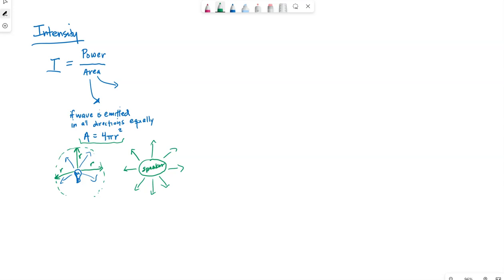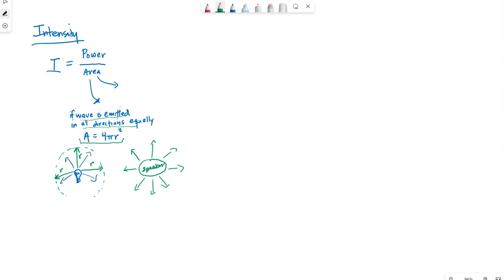But if I'm, say, at a concert, I don't have to be directly in front of the speaker to hear it. I could be to the side, I could be behind it. Now, granted, some locations will be better than others, but we're going to go ahead and assume a speaker emitting sound is also a type of wave that is emitted in all directions equally.